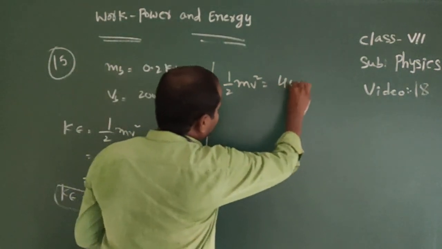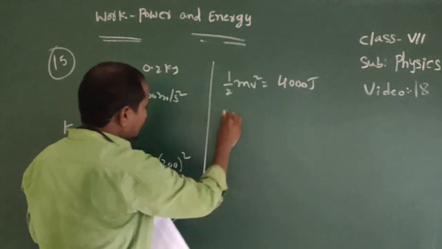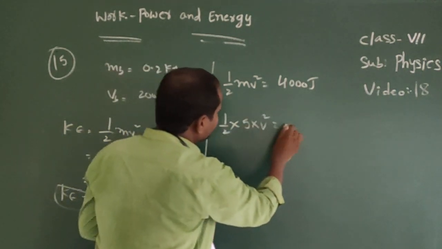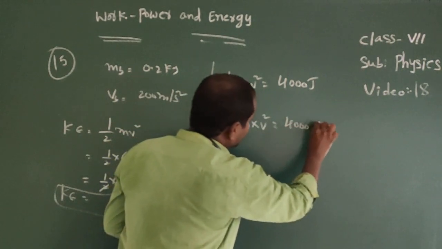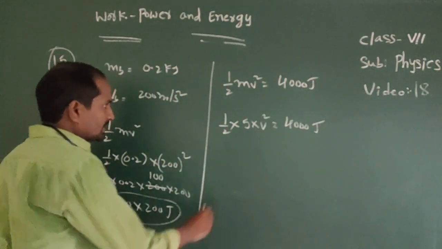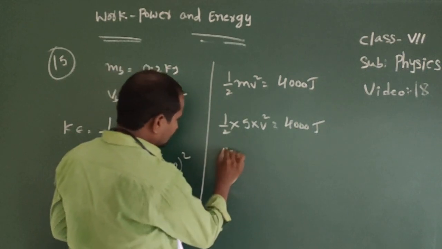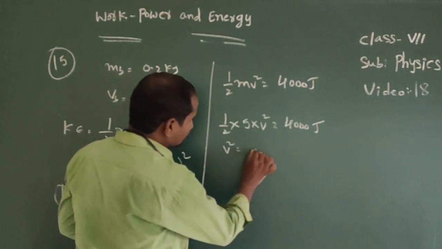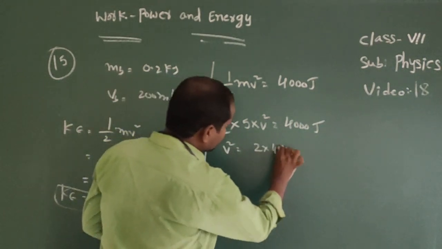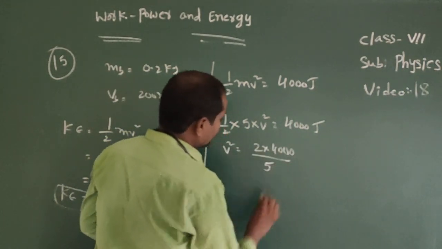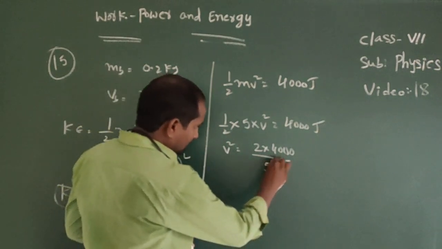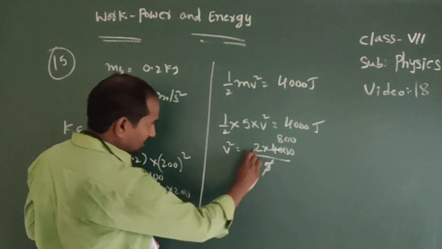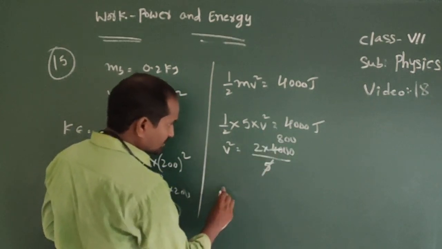Mass of the wooden target is 5 kg, so half into 5 into v square equal to 4000 joules. v square equal to 2 into 4000 by 5, that equal to 1600.